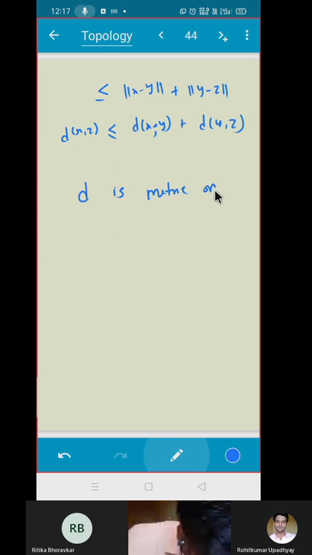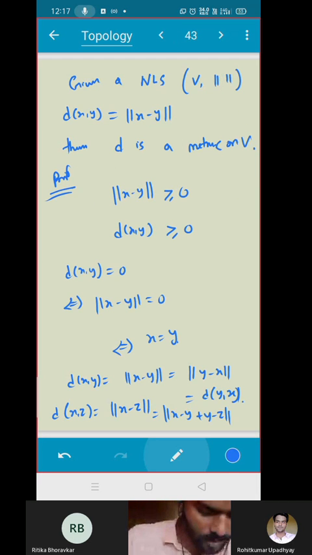It is a metric on V, correct? That means if you define a metric equal to norm of x minus y, then it is a metric. Yes, sir. Actually, this is the most famous metric which you use all the time.